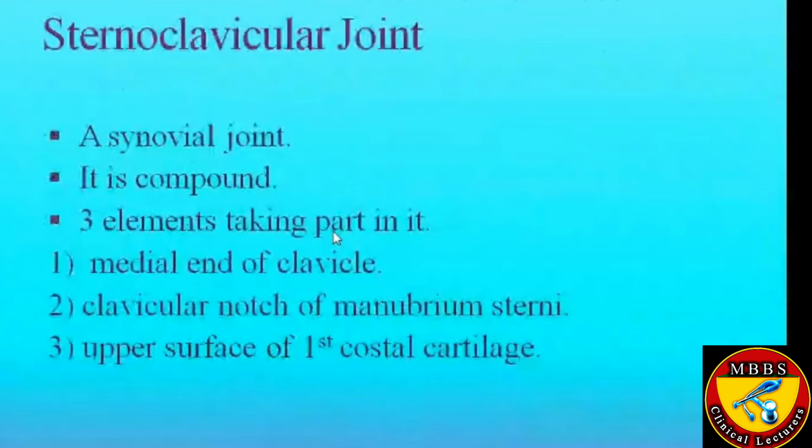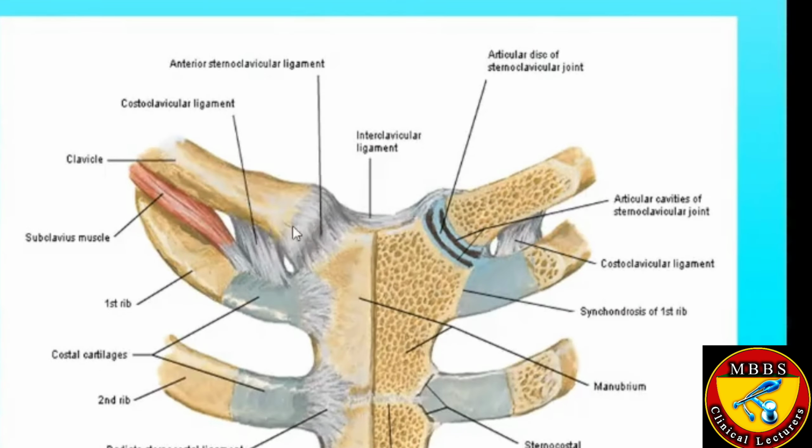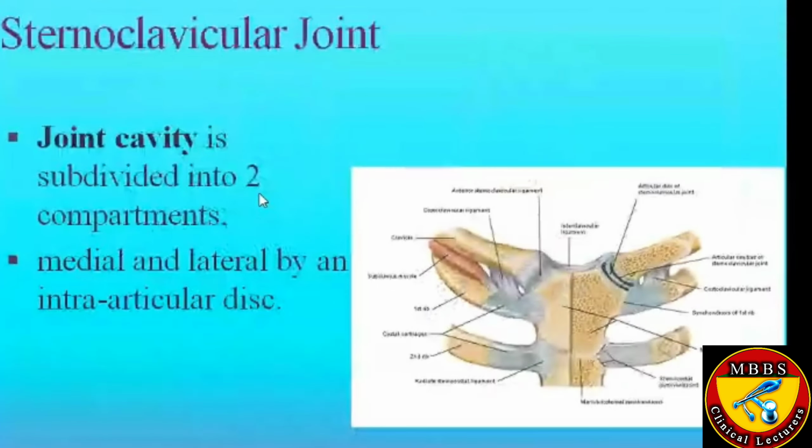Now, when we talk about this sternoclavicular joint, there are different ligaments which bear the connection with the sternum and the clavicle, thus helping in the formation of the joint.